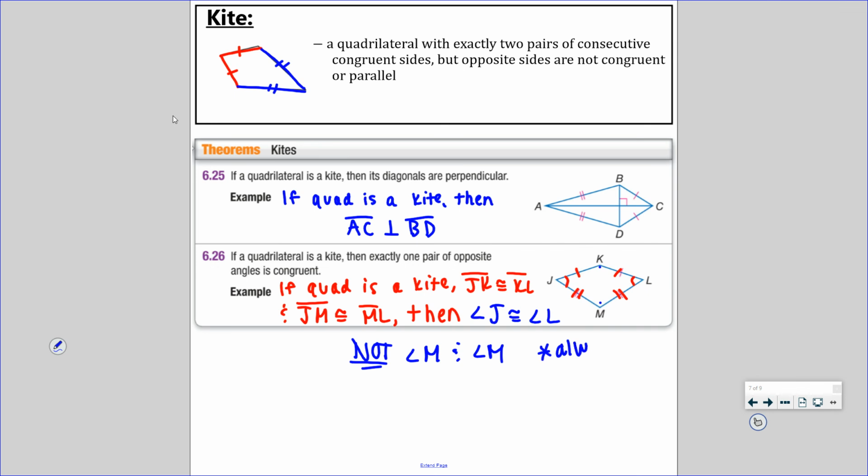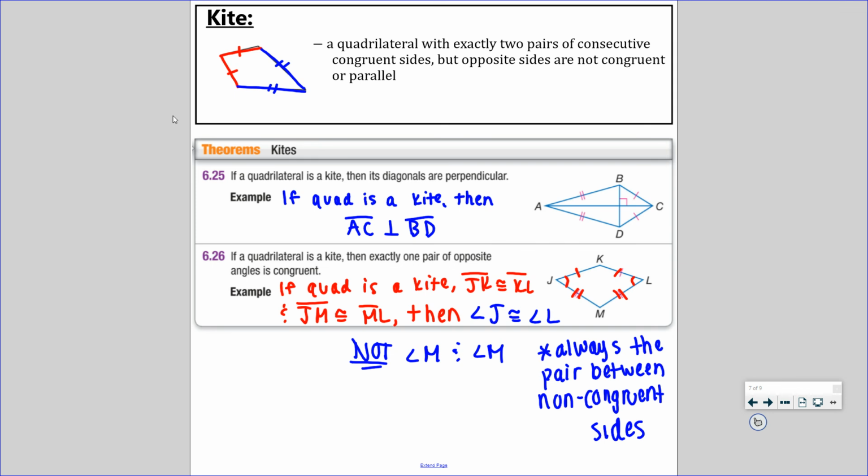It's always the pair between non-congruent sides are the pair of congruent angles.